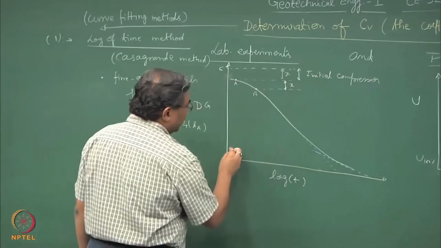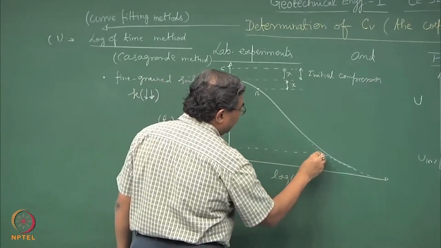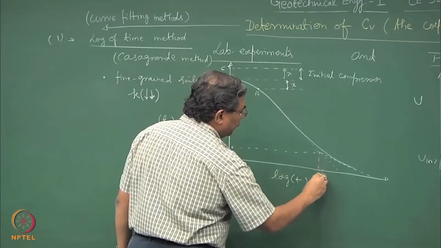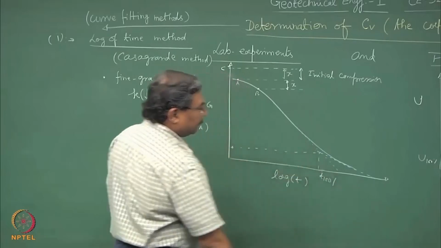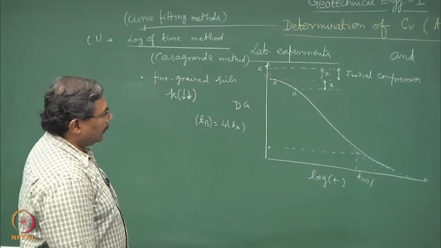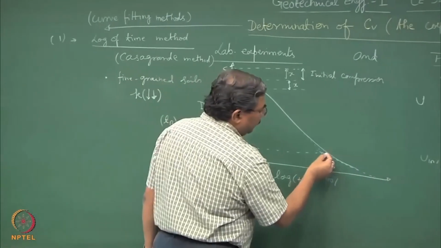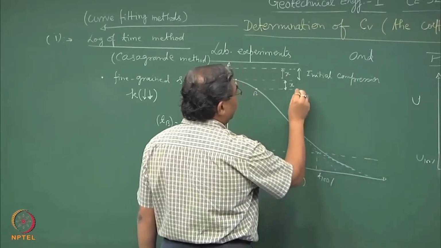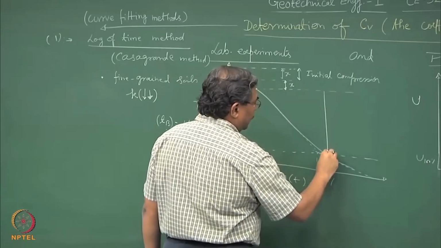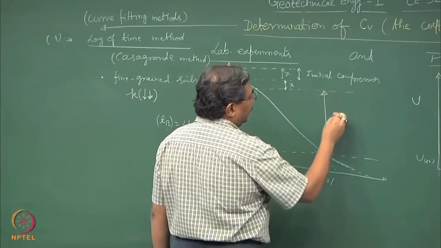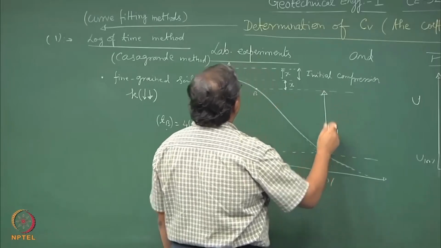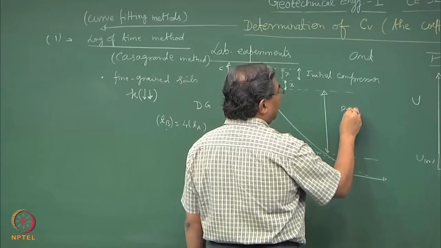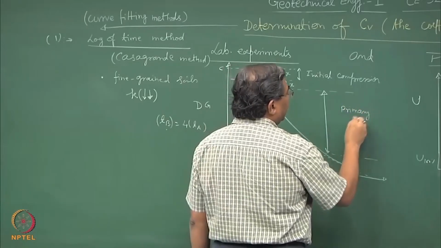So, this point of intersection gives the t100. Anything beyond this, if I draw a horizontal line over here, if I consider this point here, this is what is known as the primary consolidation.